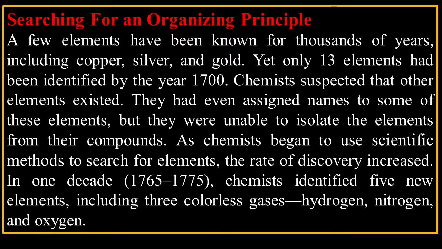As chemists began to use scientific methods to search for elements, the rate of discovery increased. In one decade, from 1765 to 1775, chemists identified 5 new elements, including 3 colorless gases: hydrogen, nitrogen, and oxygen.